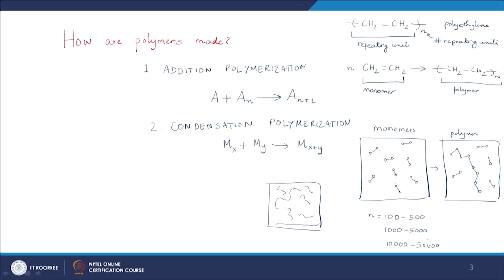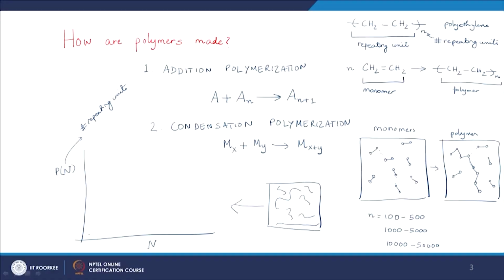Okay. So, if I refer to some sort of value like capital N, that tells me the number of repeating units, and I can use the same kind of language for molecular weight as well. And if I plot a probability distribution of that, that means if I am looking at a polymerization reaction that produces polymers in the range of 100 to 500, you will have certain values of N which are more probable and certain ones less probable.